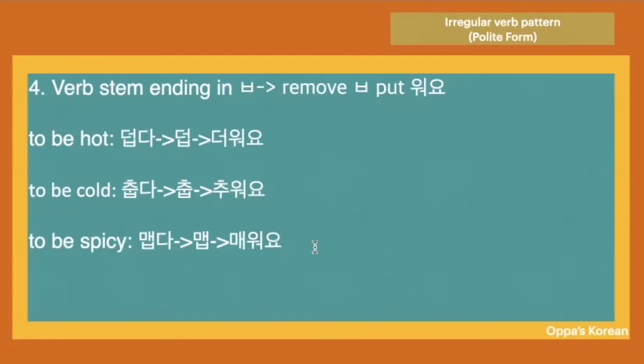But an action verb is like an action, like to study, to go, to exercise. So again, this pattern is applicable to the descriptive verbs, not for the action verbs. For the action verbs ending in 비읍, usually they have regular conjugation, not this irregular conjugation pattern.